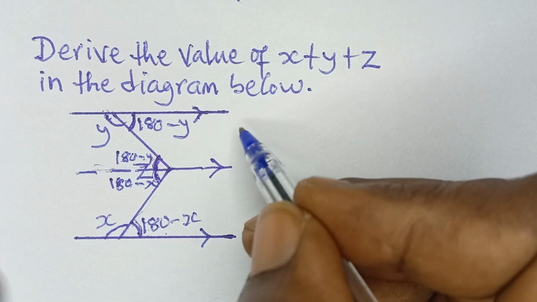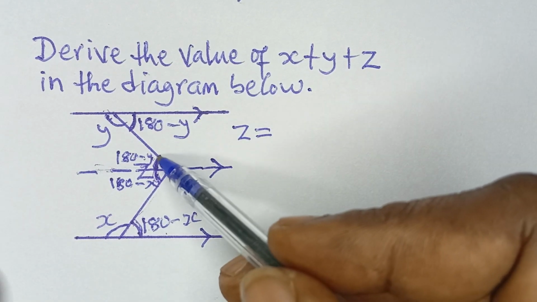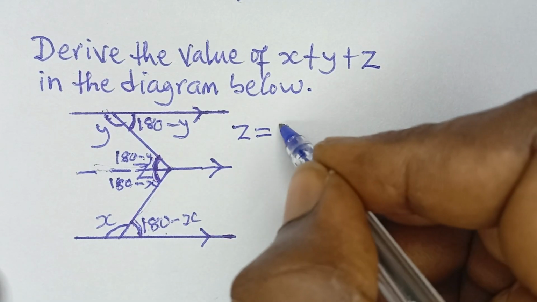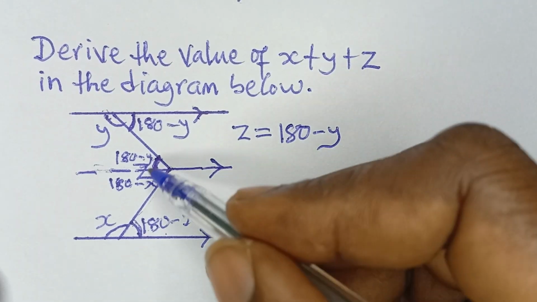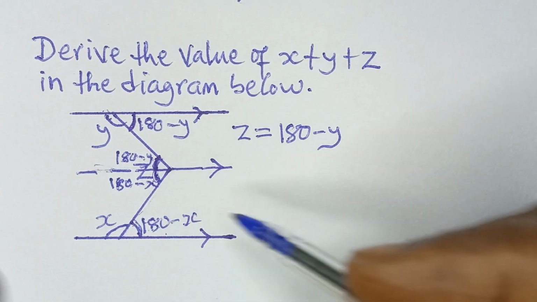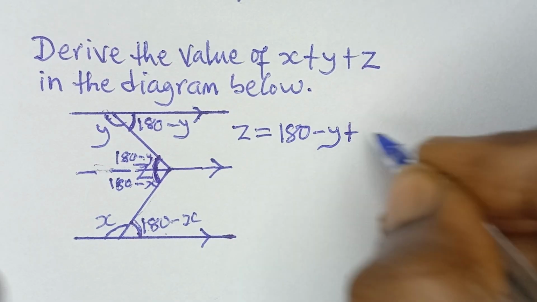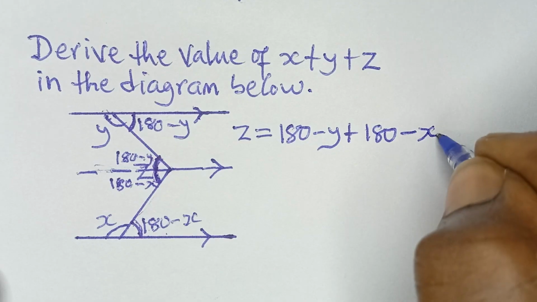So I can simply say that z is equal to, don't forget the whole angle here is the z that we're talking about, that portion which is 180 minus y, added to this portion, plus 180 minus x.